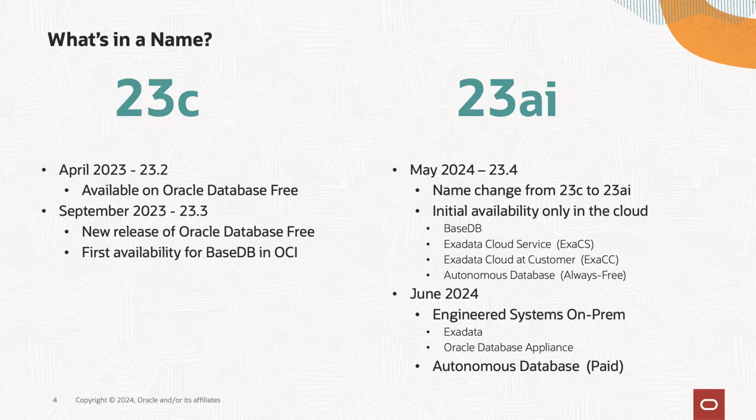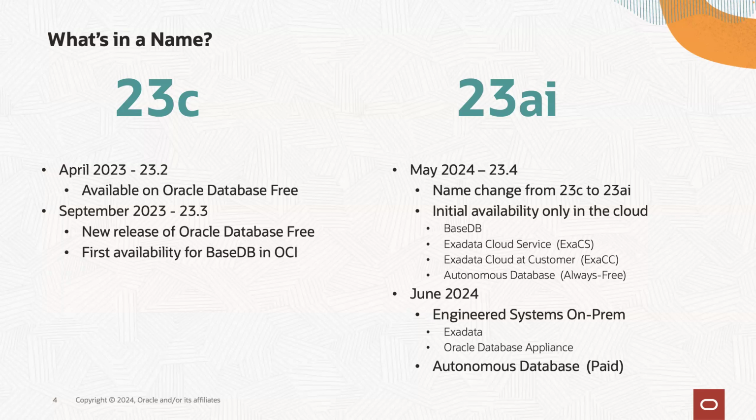And in fact, we rolled out 23.2 in April 2023 as part of our database free edition. And then in September of 2023, we released 23C in the cloud. So we updated our Oracle database free to use that latest version, and then we also released 23C support in our OCI cloud.